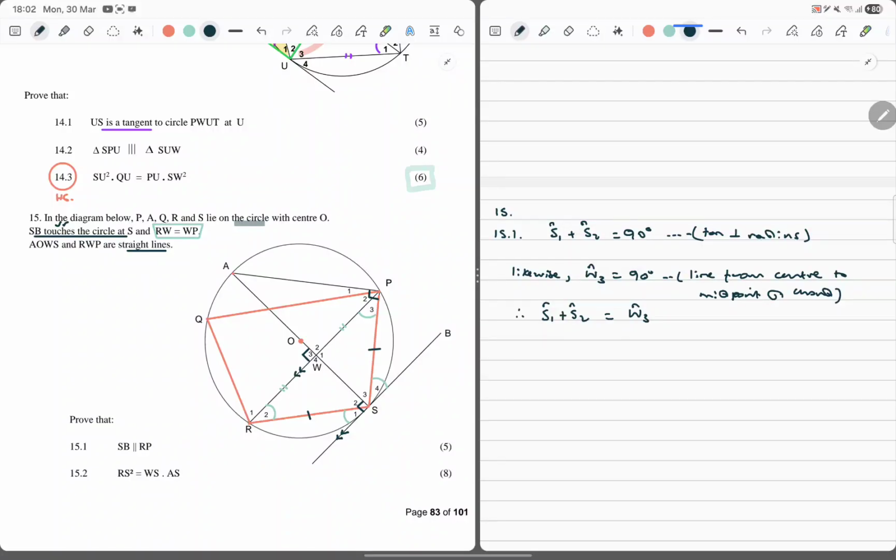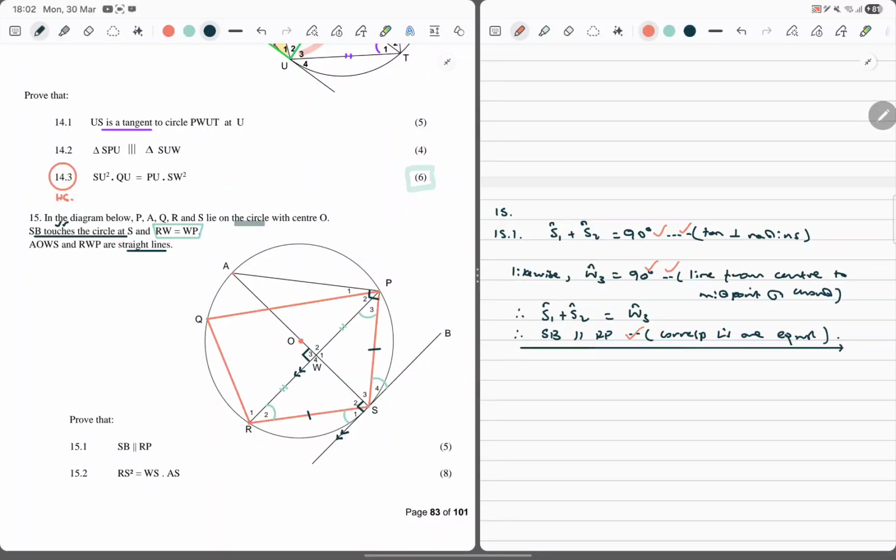Each is 90 degrees. If that's the case, we can now make a conclusion that indeed SB is parallel to RP. Now what is the reason? It's that corresponding angles are equal. So when corresponding angles are equal, it means there are parallel lines involved. Okay, nice and easy. Not a very difficult proof to do, but one that needs your eyes opened. So 5 marks, we can say statement, reason, the final reason for the answer.